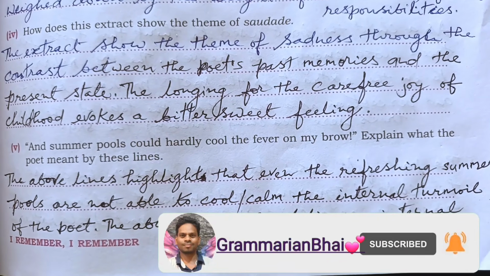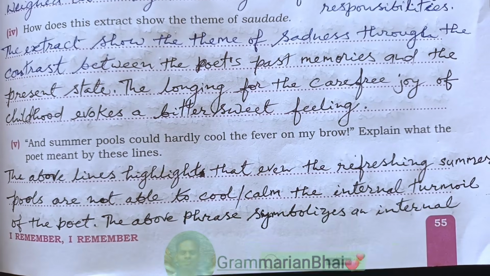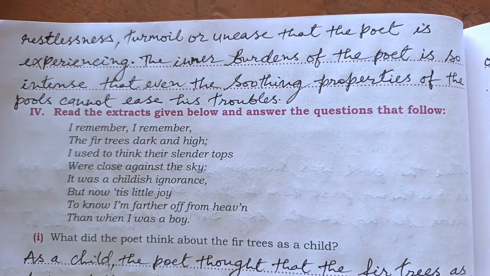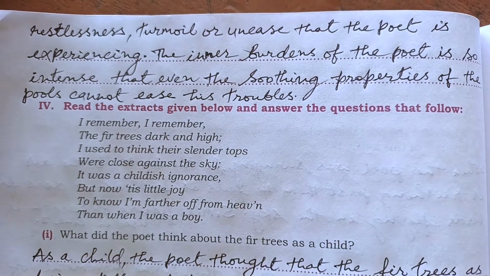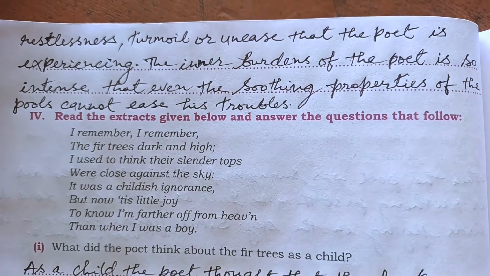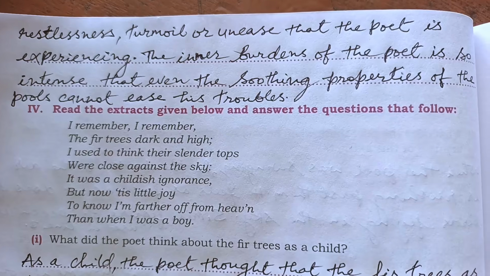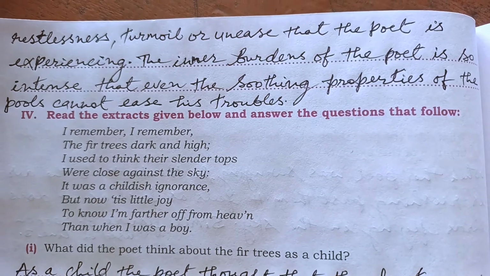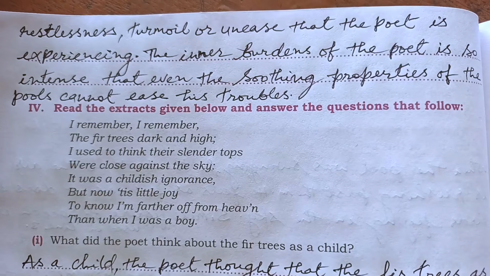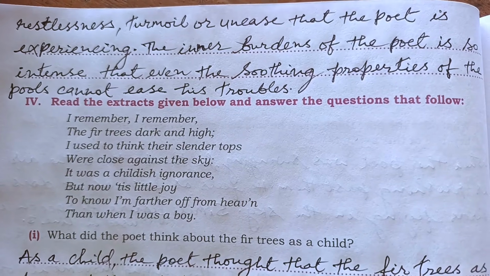The above phrase symbolizes an internal restlessness, turmoil, or unease that the poet is experiencing. The inner burdens of the poet are so intense that even the soothing properties of the pool cannot ease his troubles.